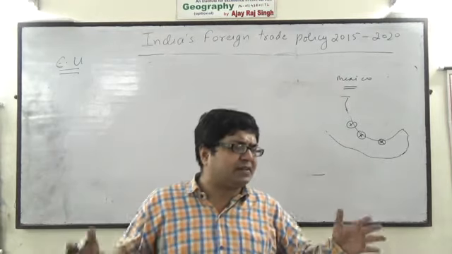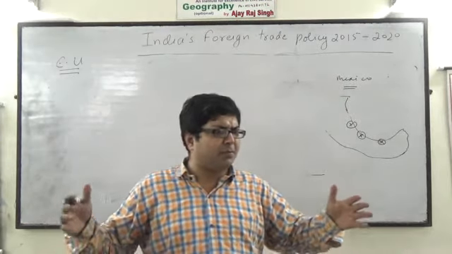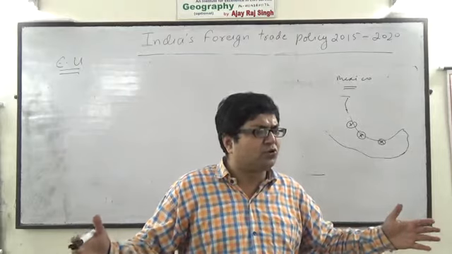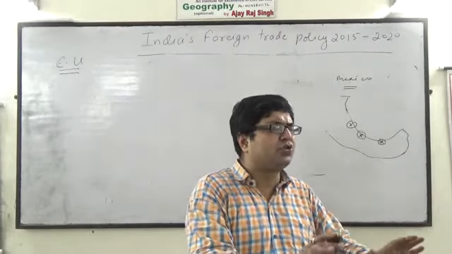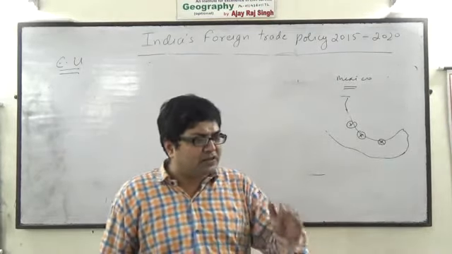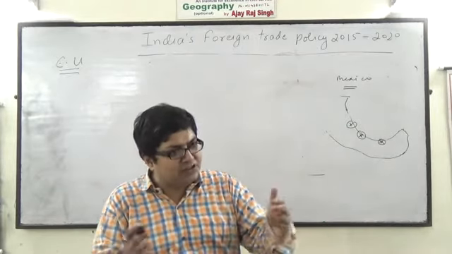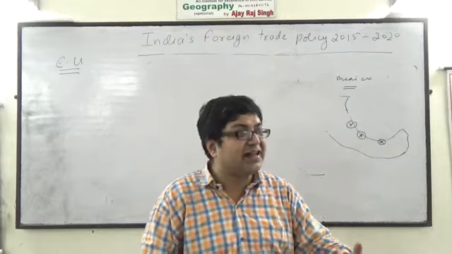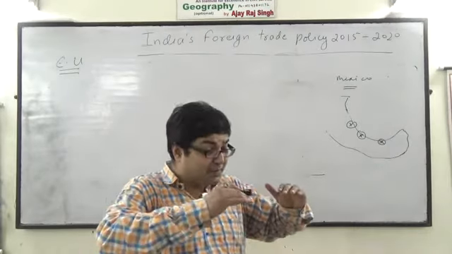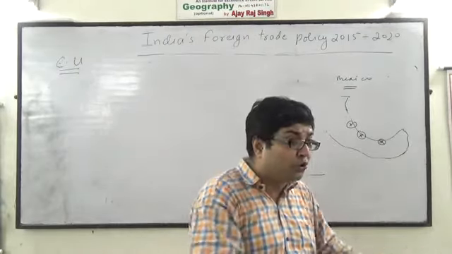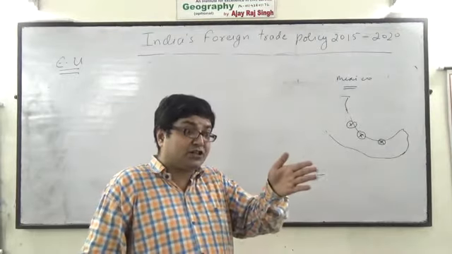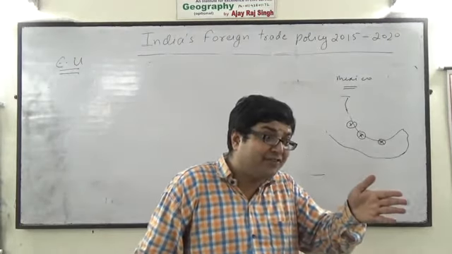Basically, previously under the Generalized System of Preferences, a number of Indian products were included. Those products were subjected to zero or very low customs duty. Now this range of products has decreased. For those products which have been excluded from the Generalized System of Preferences, it is becoming difficult to export to the European Union, because now they are subjected to higher tariff rates.